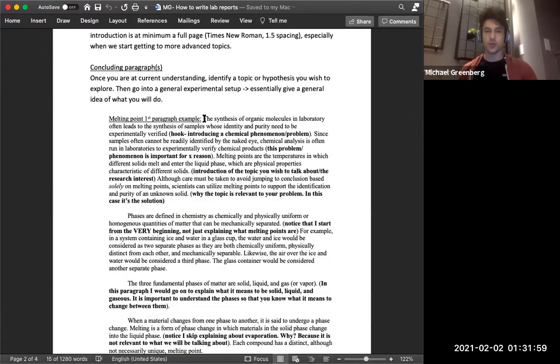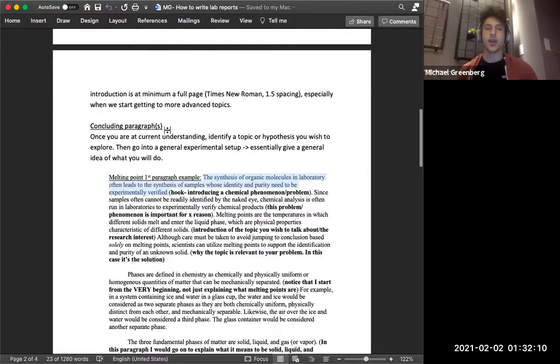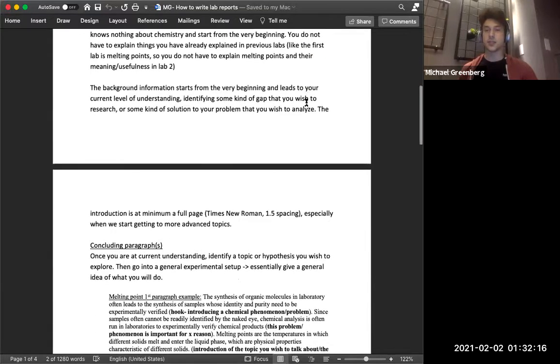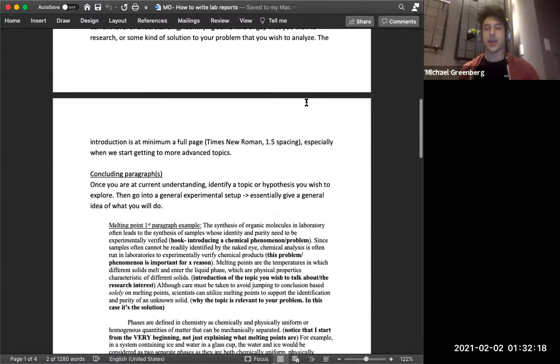So for example, the synthesis of organic molecules in laboratory often leads to the synthesis of samples whose identity and purity needs to be experimentally verified. And that's your little hook. That's like, okay, we have an important problem. You're synthesizing these compounds in lab, and you have no clue how to tell if they're actually the thing that you want to synthesize.